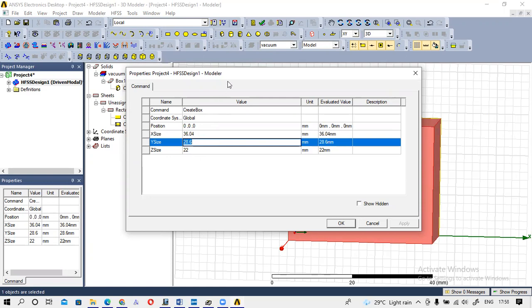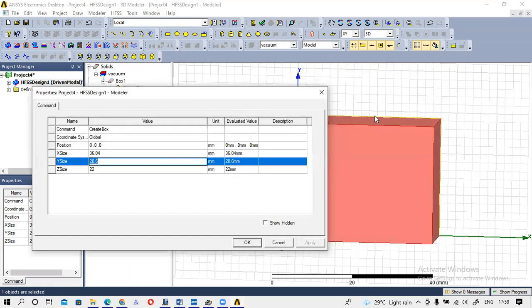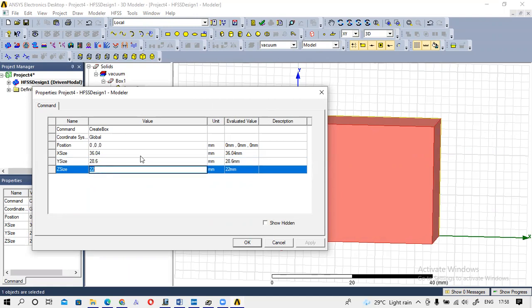So this is 3-dimensional. It has an X value and a Y value, as well as a Z value. When we are drawing the rectangle only, we don't have to give a Z value because it is 2D. But here we have to give the thickness. So what is this thickness?